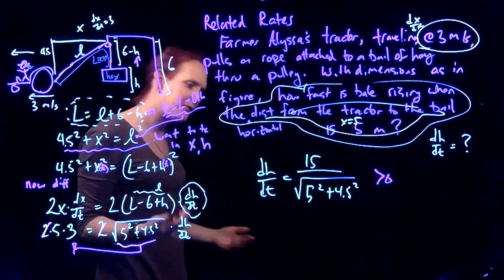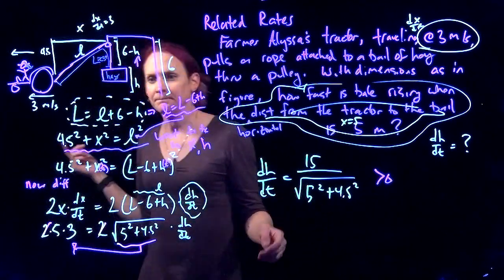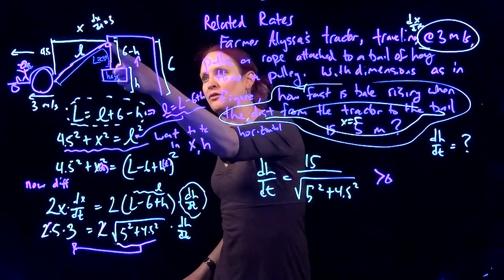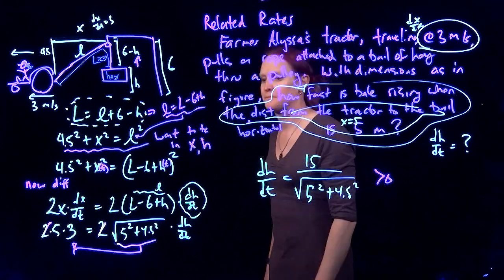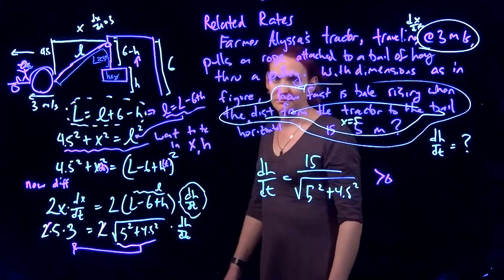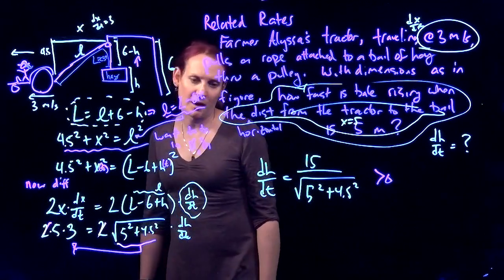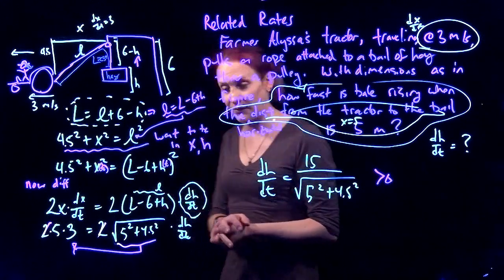So my variables that I'm really interested in here are x and h. And then I think the tricky part in this one was realizing that there was a conserved length here in the length of the rope. I don't know, there's a neat related rates problem. Hopefully that eliminates some of the various steps for you.